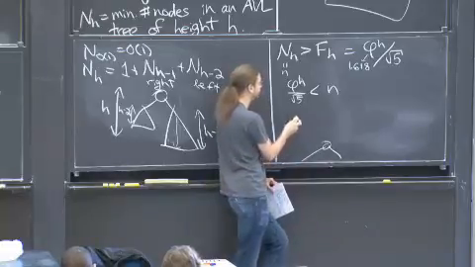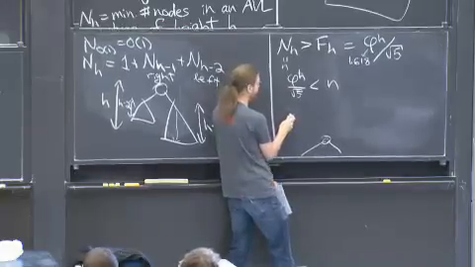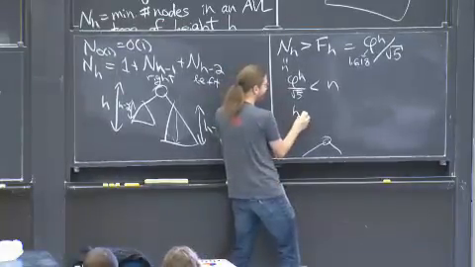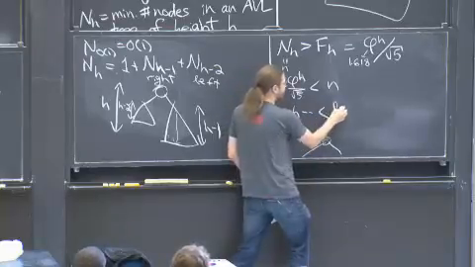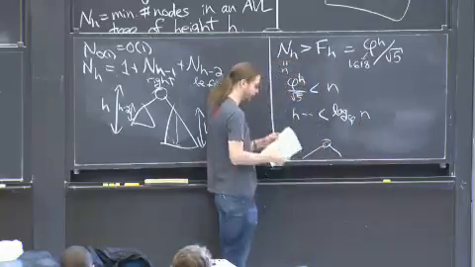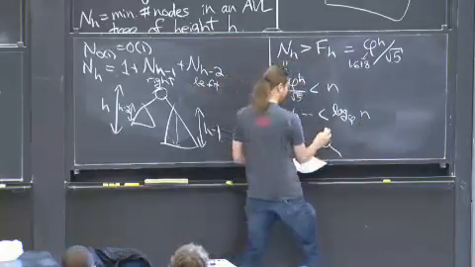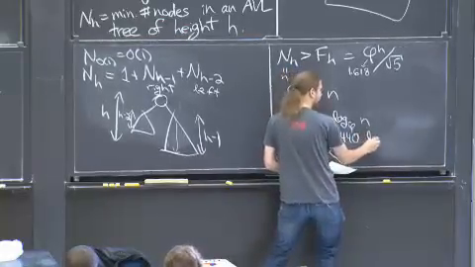Seems like a good thing to do. This is actually quite annoying. I've got h minus a tiny little thing is less than log base phi of n. And I will tell you that is about 1.440 times log base 2 of n.